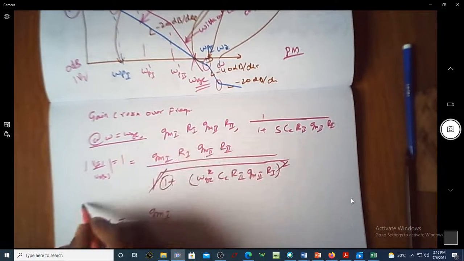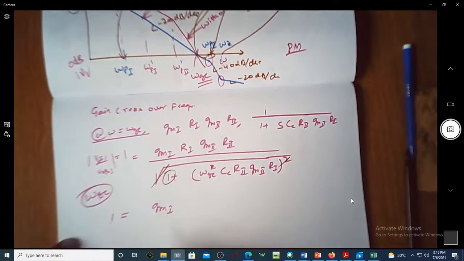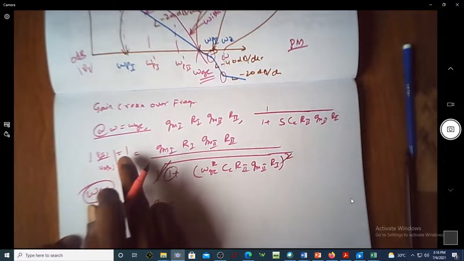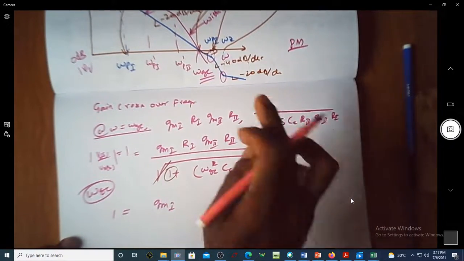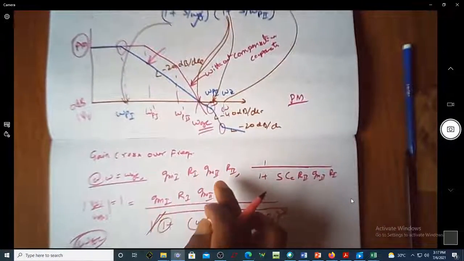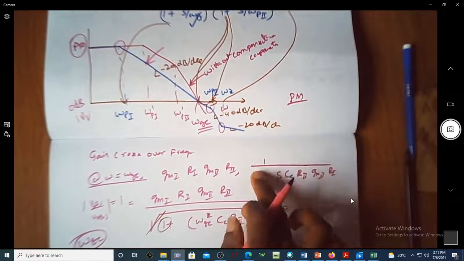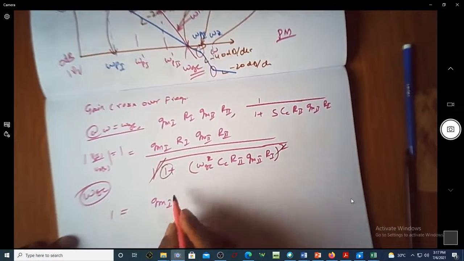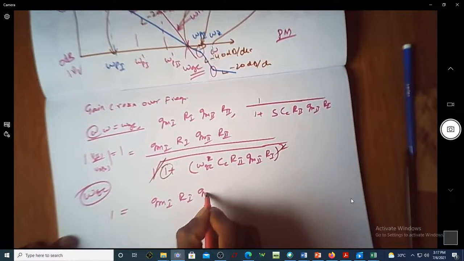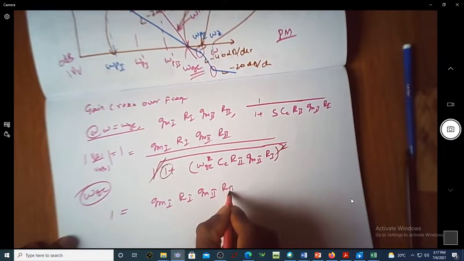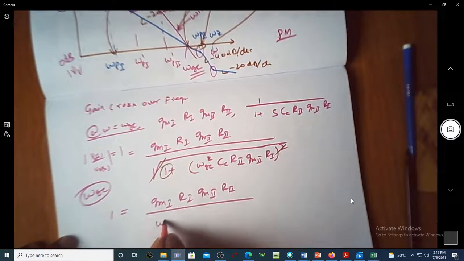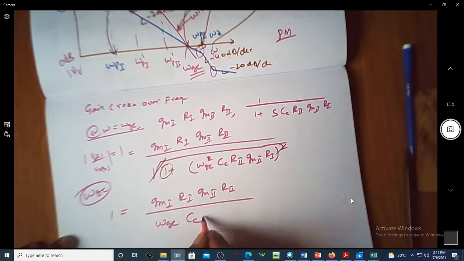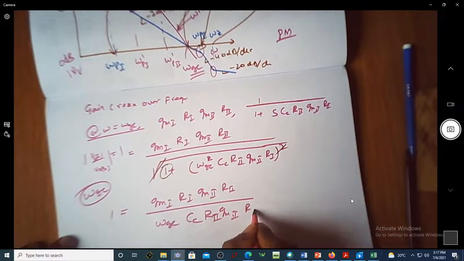We are actually trying to get an expression for the gain crossover frequency omega GC. So we are equating the magnitude to 1 and we are considering the terms corresponding to this frequency. The terms contributing are the magnitude term and the omega P1 term. This GM1 R1 GM2 R2, taking out the square root and square, I end up with omega GC CC R2 GM2 and then R1.